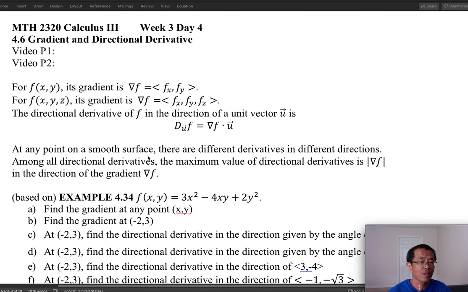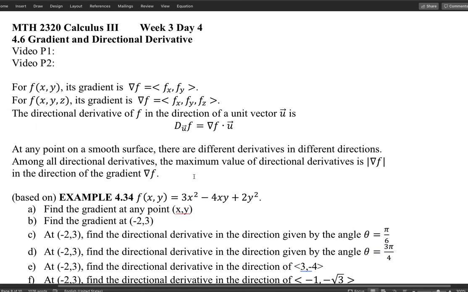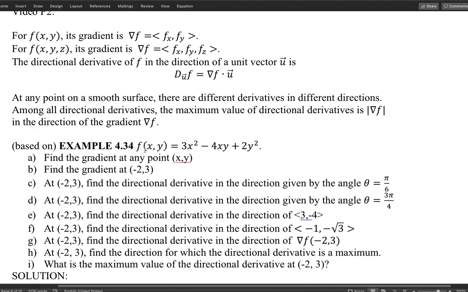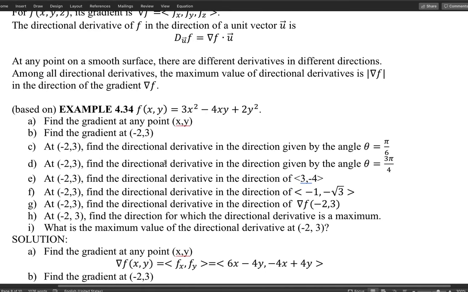The gradient says in the direction of the gradient, the function has the maximum rate of change. And also the maximum rate of change is just the magnitude of the gradient. Last time, I think we were done with this example. This is the two-dimensional case. And the three-dimensional case is really very similar.